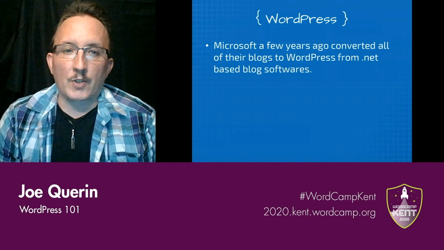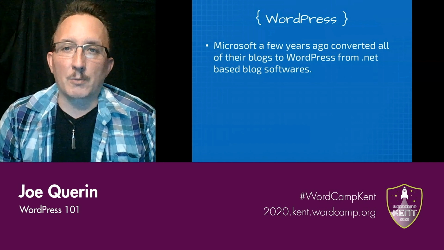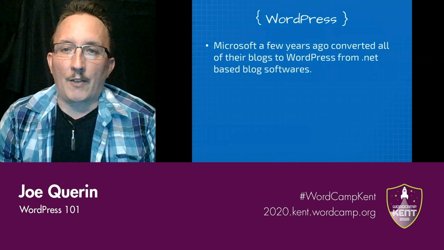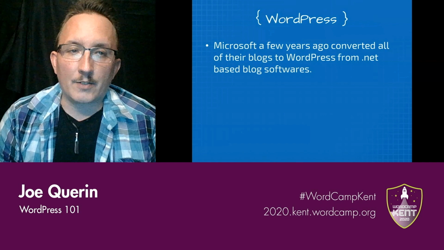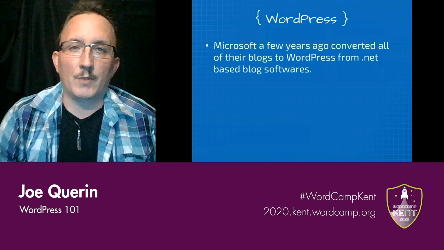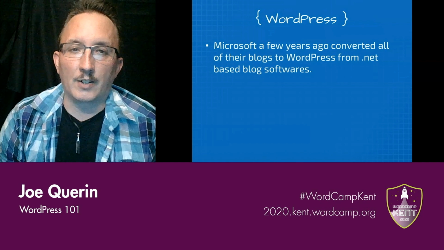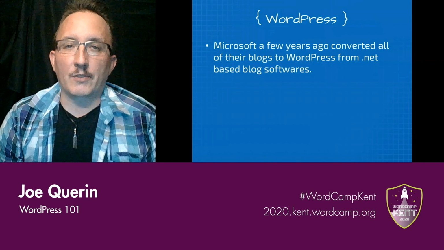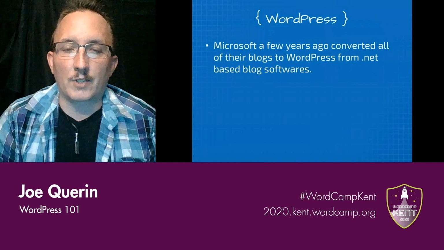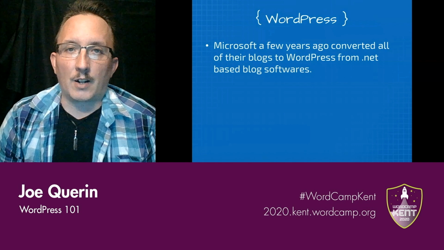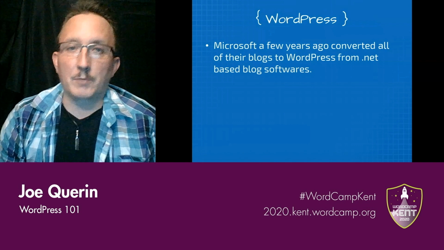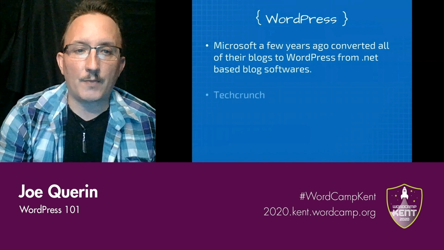And now they've converted all that over to WordPress, and they've been using WordPress for a number of years. Rather interesting. It's hard for me to fathom, at least, being in IT for as long as I have, thinking of Microsoft embracing open source software like they have. But they really enjoyed using WordPress and have continued to be using WordPress.